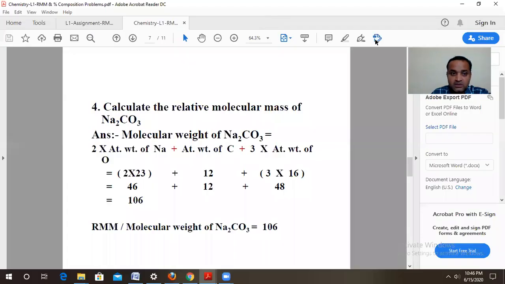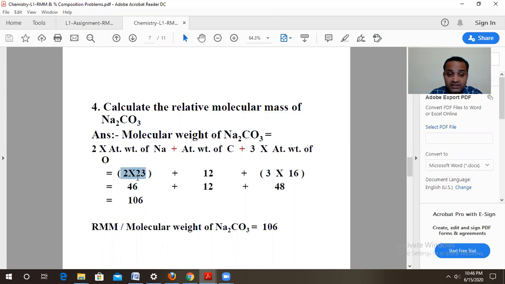Good. The next one, the molecular mass of sodium carbonate, Na2CO3. Sodium carbonate Na2CO3 consists of 2 sodium atoms, 1 carbon atom, and 3 oxygen atoms. So you need to add all these, isn't it? The atomic weight of sodium is 23.